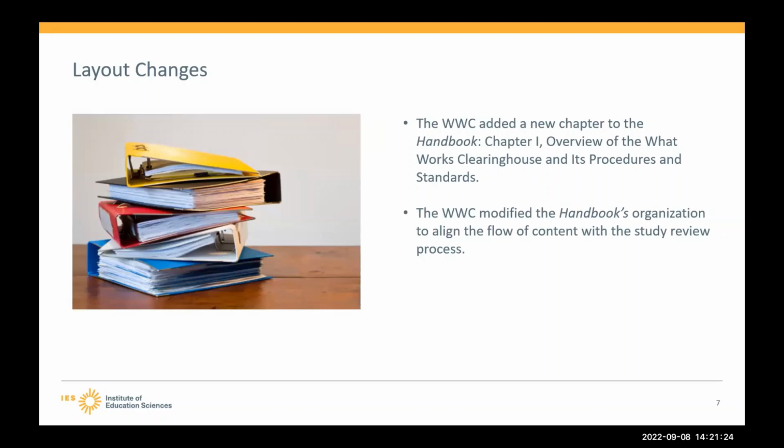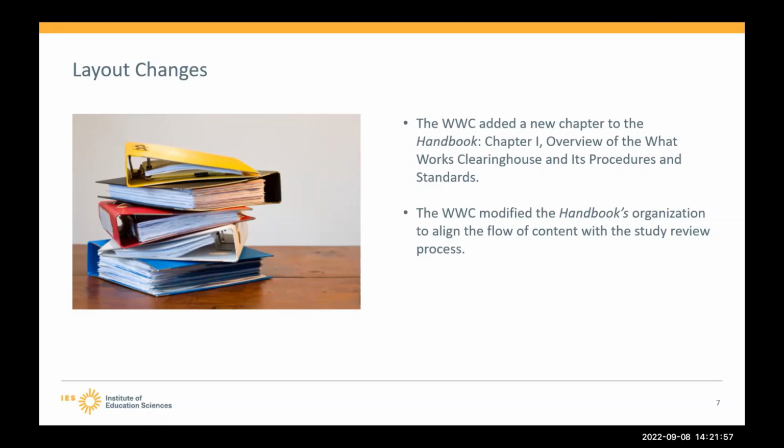When you browse the updated handbook, the first thing you will probably notice is the layout changes. The handbook now includes an overview chapter, Chapter 1. This chapter describes what the WWC does and provides a summary of the WWC review process. It is a non-technical summary intended for the audiences that need to have good familiarity with the WWC, but who will not be reviewing studies.